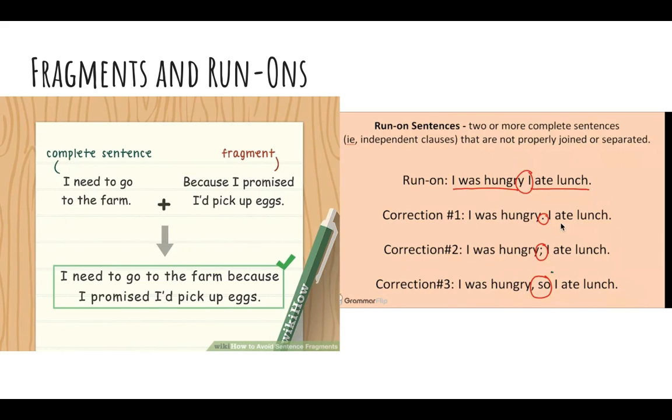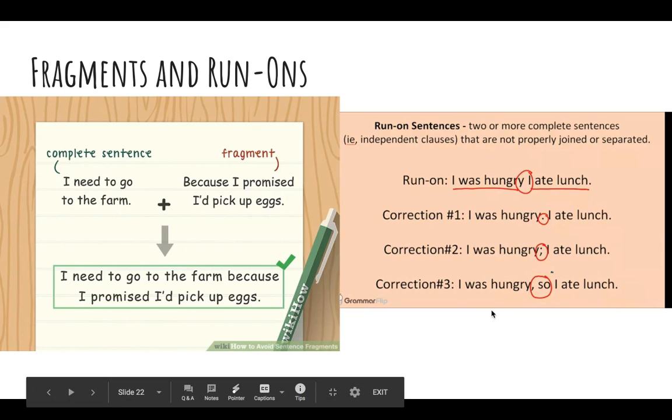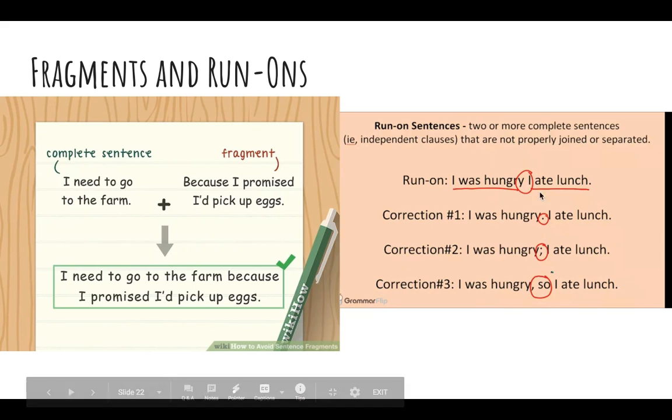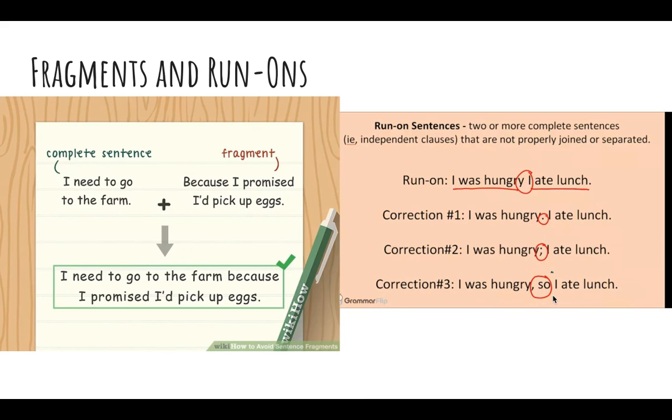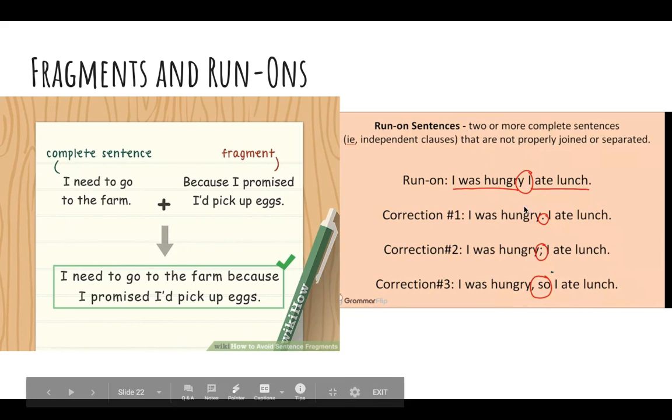I was hungry. I ate lunch. Two separate sentences. That would work. I was hungry; I ate lunch. This is a semicolon and it works very similarly to a period. I was hungry, so I ate lunch. You can use a comma in this case, but if you use a comma, you're going to have to add a conjunction there. I was hungry, so I ate lunch. Any of those would work.